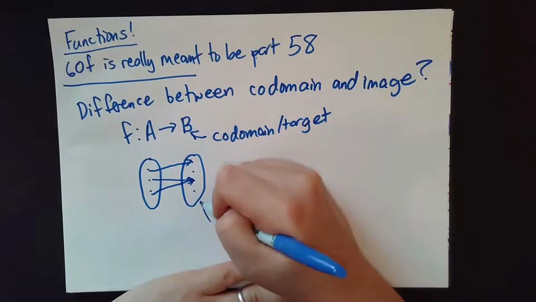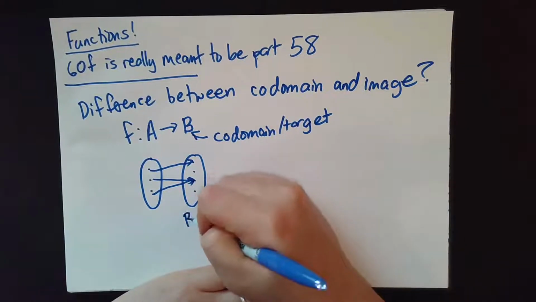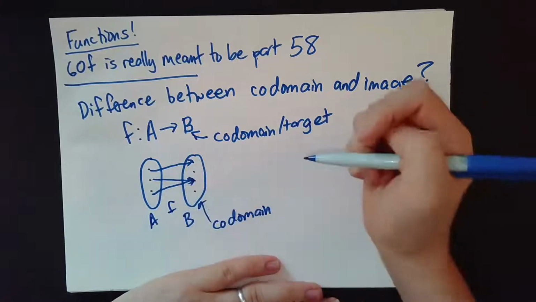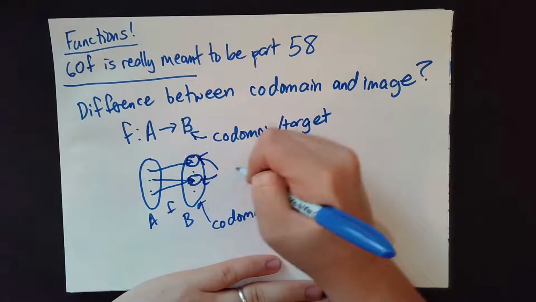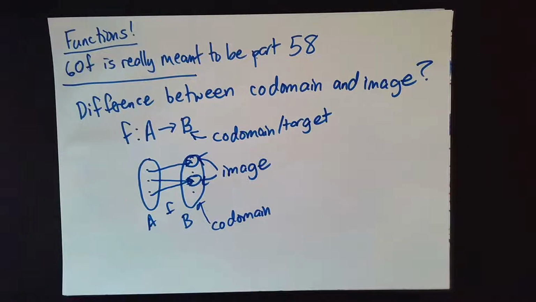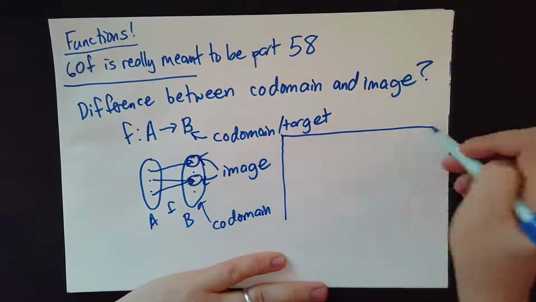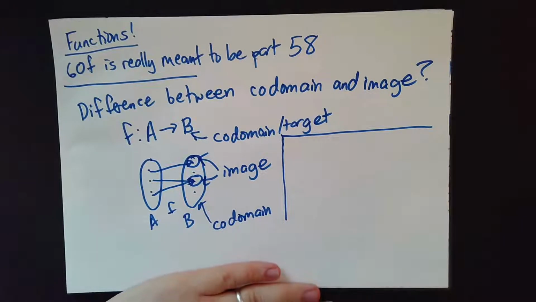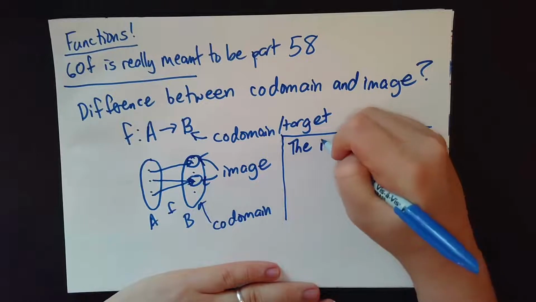So this whole thing is the codomain in this picture, whereas the image is just these 2 points. Maybe the statement to make this the clearest is that the image is by definition a subset of the codomain, but it might not be all of the codomain.